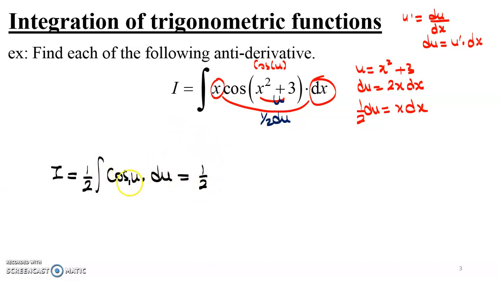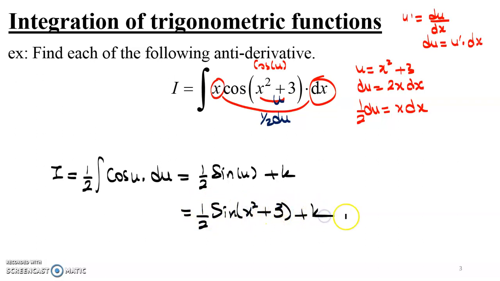The integral of cosine u would be sine of u plus k, our constant of integration. Bringing back the expression of u in terms of x, my integral is equal to half sine of x squared plus 3 plus k. So that is our integral.